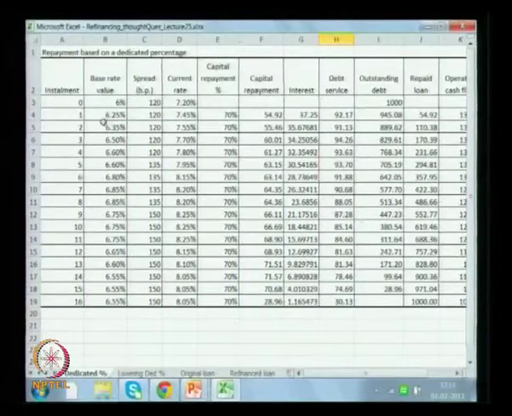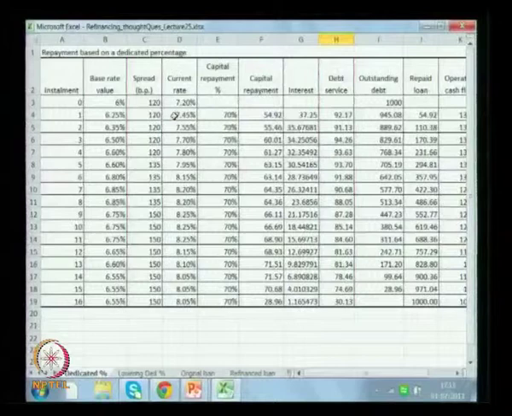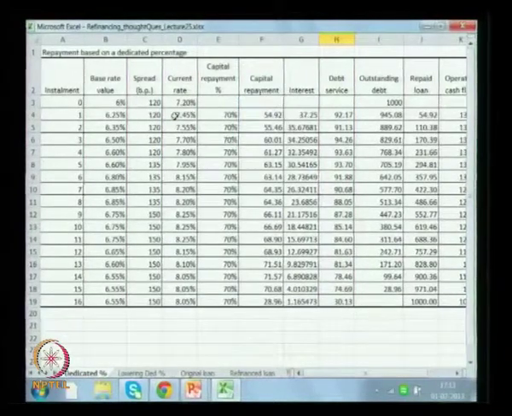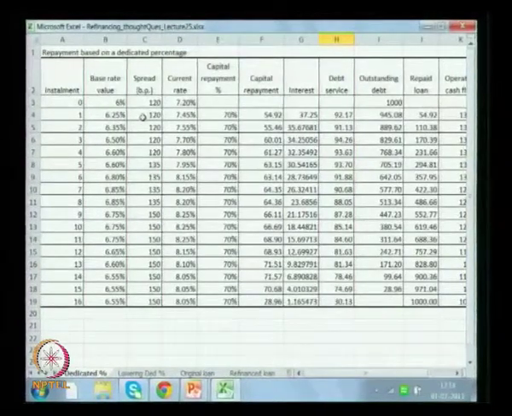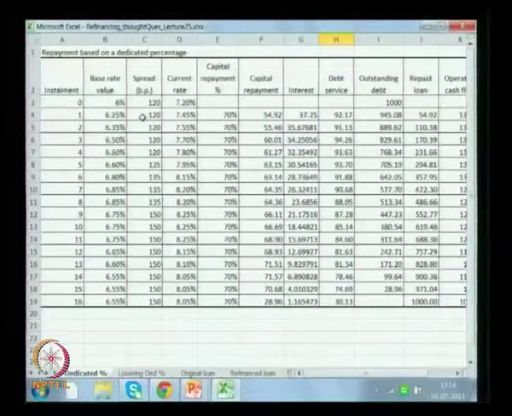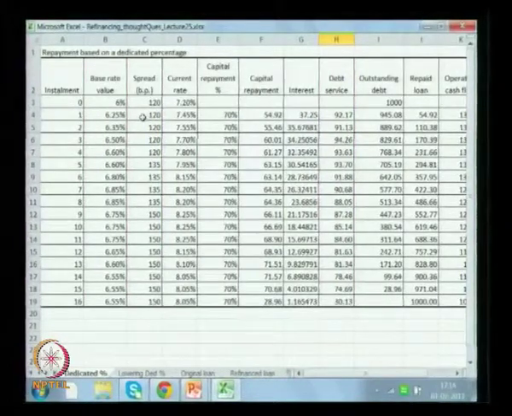If you look at installment 1, the current rate of interest is 7.45%. That is nothing but the base rate of 6.25% plus 120 basis points. 120 basis points is 1.2%, because 100 basis points is equal to 1%.